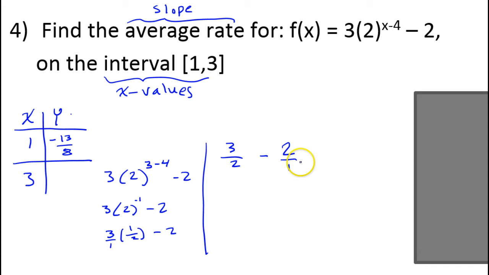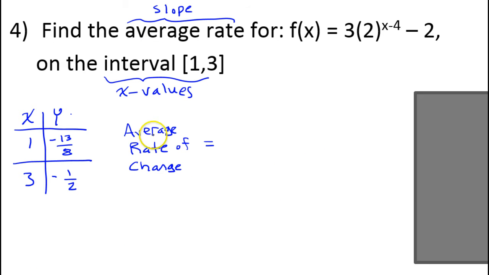So we need like denominators. So what you would do is multiply both of these by 2. So now I have 3 over 2 minus 4 over 2. 3 minus 4 is negative 1. So this will be negative 1 over 2. So that's my y value, negative 1/2.